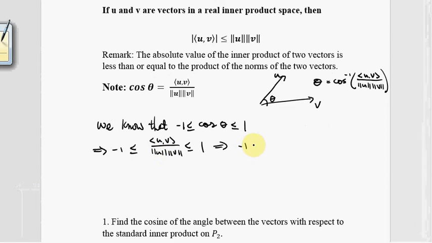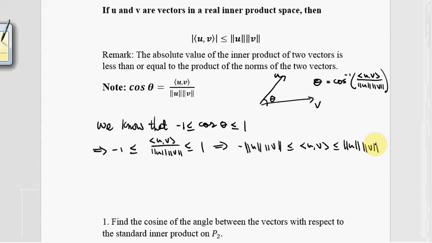We have negative the norm of u times the norm of v less than or equal to the inner product of u and v, which is less than or equal to the norm of u times the norm of v.